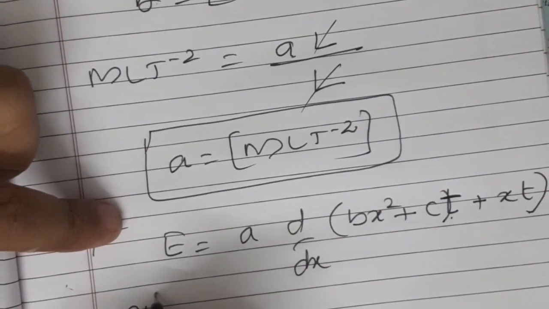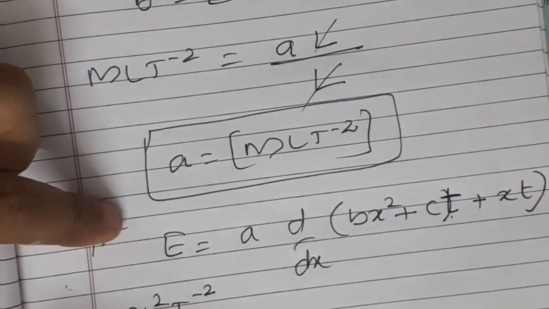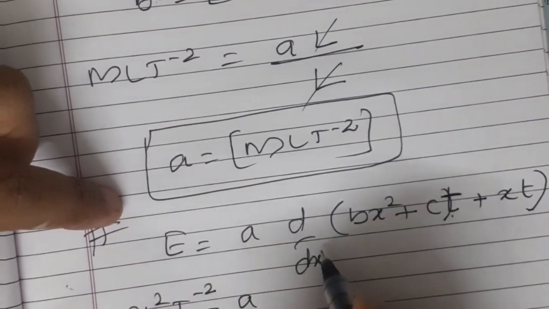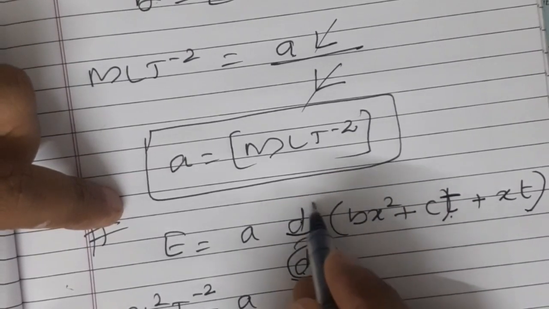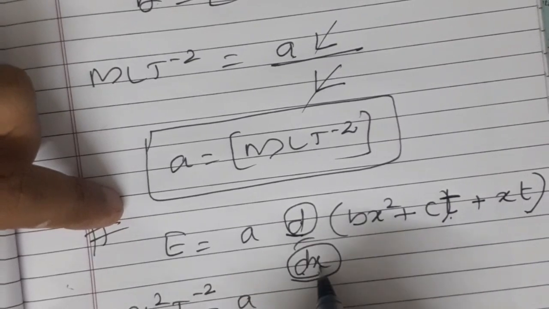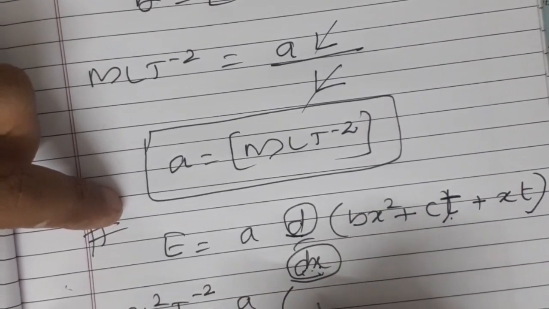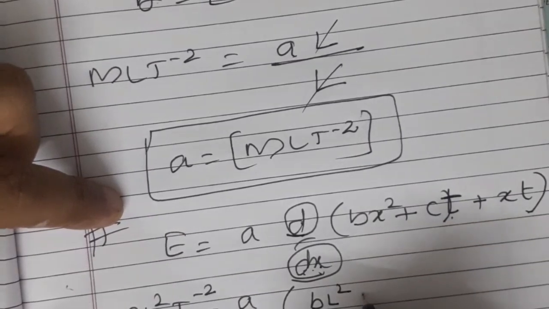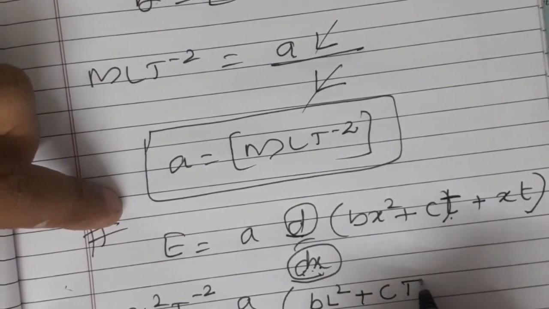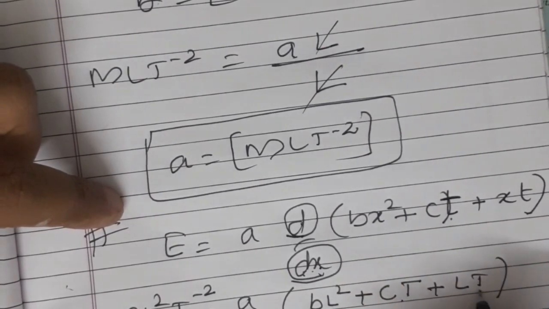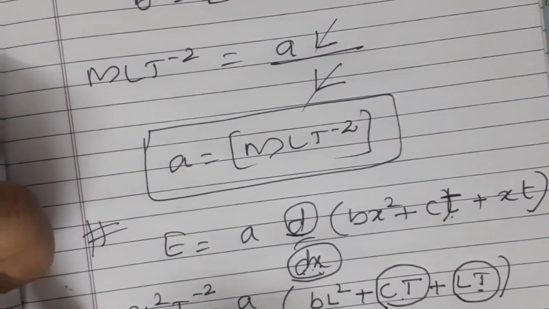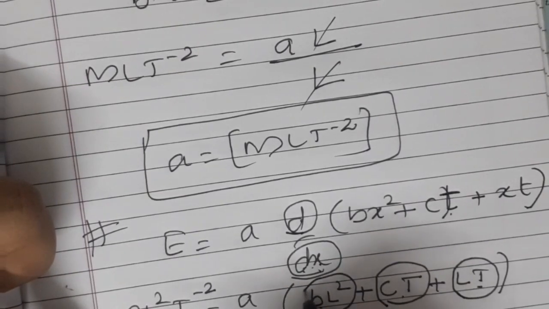Energy is ML²T⁻² is equal to a d by dx. This dx is a change in length. This d is a constant. So I will write L only over here because of this dx. And inside the bracket we are having bl² + ct + lt. Because we are adding these three terms, they must be equal. This is LT. This must be LT. And this must also be LT.